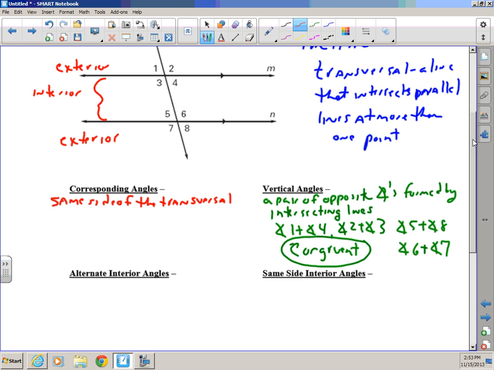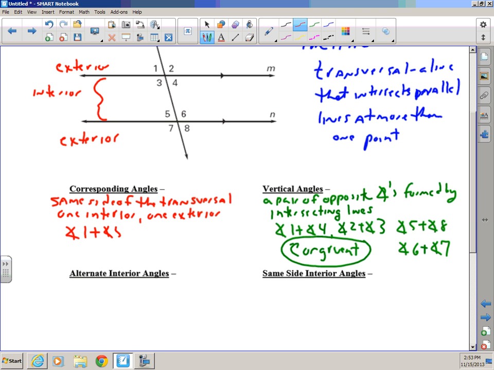They are same side of the transversal, one interior, one exterior. Now, what fits that? Again, I'm taking one from the top and one from the bottom. So if I start with angle 1, it's an exterior. Who's on the same side with it that's interior? 5.